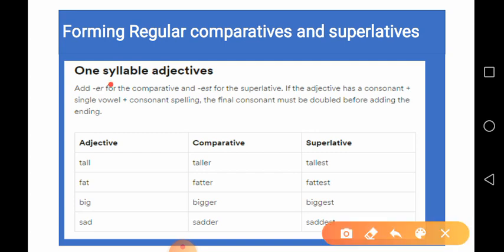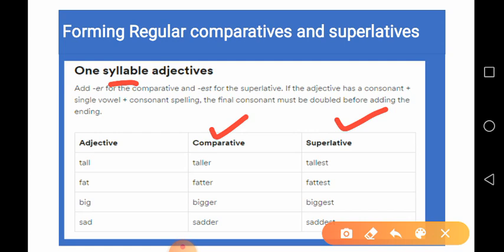So, if a word is one syllabic, meaning there is only one syllable in the word, we add "er" while making comparative, or we use "est" while making superlative. Syllable means a sound.